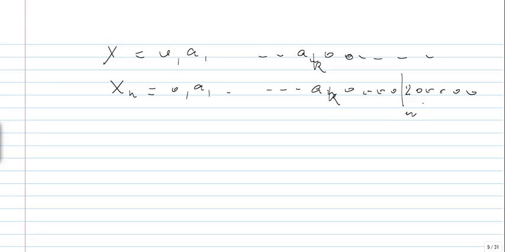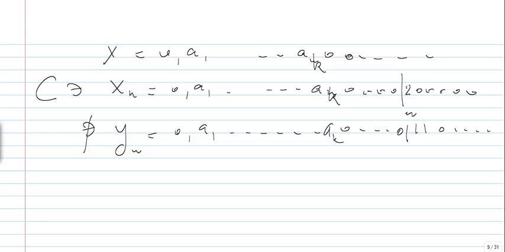And it's going to be as close as you want to x, while the other one, we take 0, a1, ak, 0, 0, 0, and then we put 1, 1, 0, 0, 0. So again, you are going to have the same properties: the xn approach x in C, and the yn's are not in C, and they still approach x as close as you want.